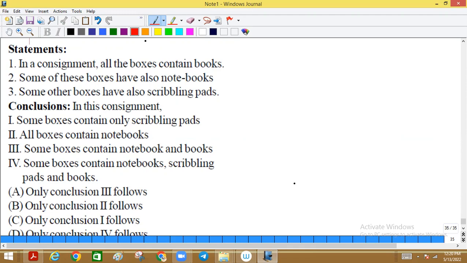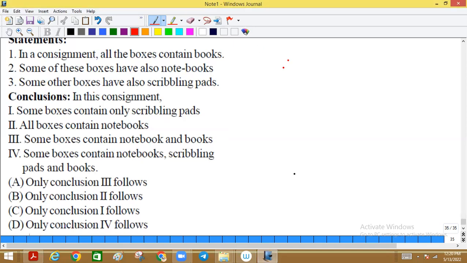So which of the following conclusions follows? Yes. D. Okay. Only conclusion 4 follows.